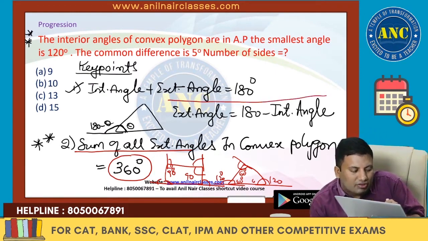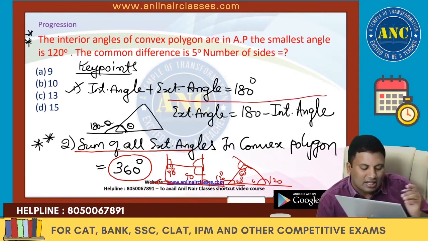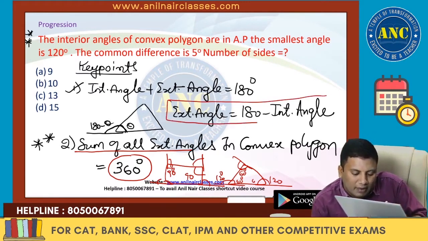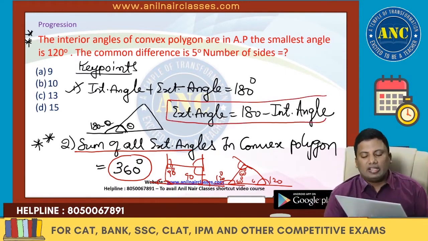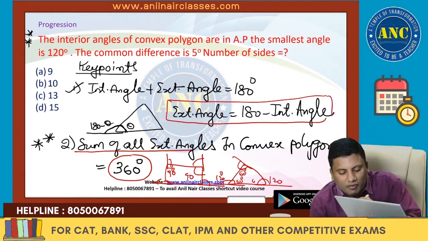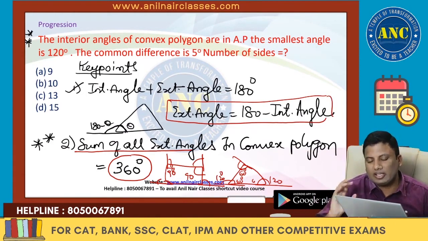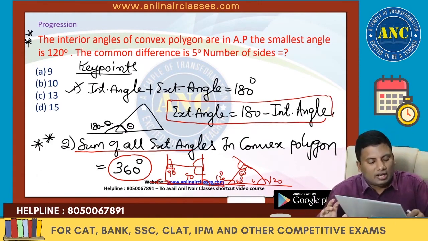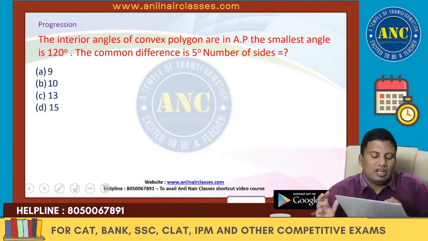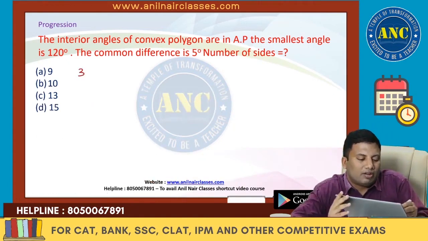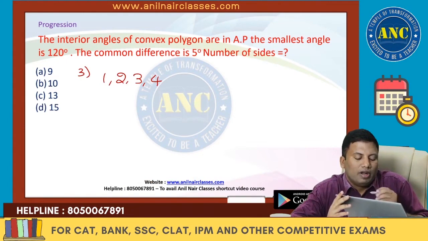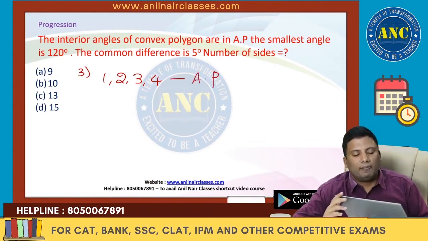Exterior angle is nothing but 180 minus interior angle. Second key point. Once you understand these key points, then the problem will be very logical. You can avoid a lot of these things. Suppose if I see 1, 2, 3, 4, the difference is constant, the series is in AP.